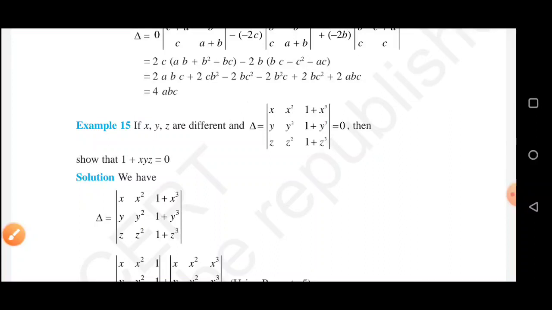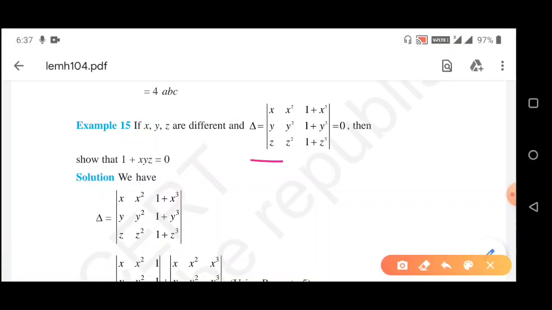In example 15 it is given that if x, y, z are different and delta is equal to 0, then show that 1 plus xyz is equal to 0. So for that we have to first find the value of this determinant.